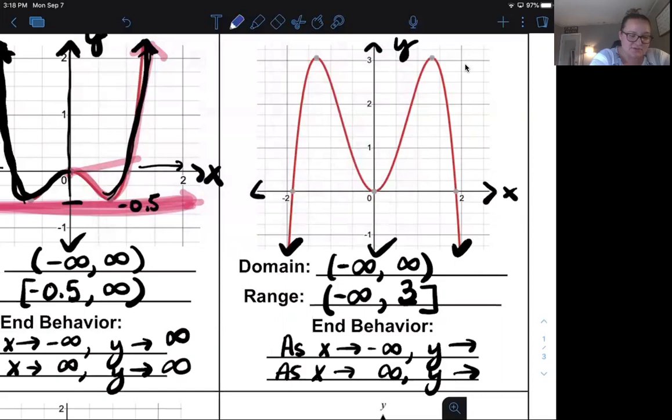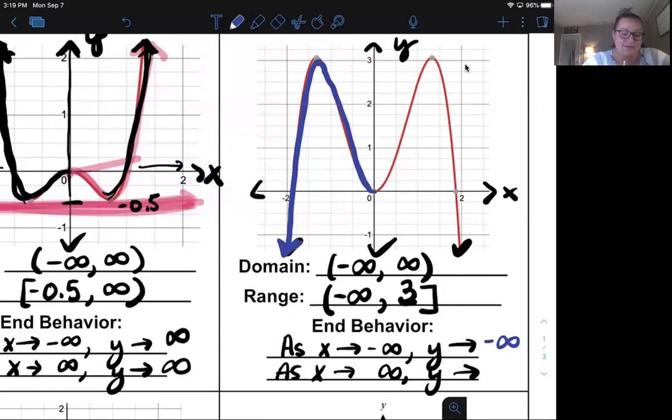As x approaches negative infinity, so x is 0 here, and then it gets to -1, -2, and so on, y increases at first, but then to the far left, it actually starts to decrease. And according to this arrow, it's going to decrease forever. So as x approaches negative infinity, as it gets smaller and smaller, y approaches negative infinity as well.